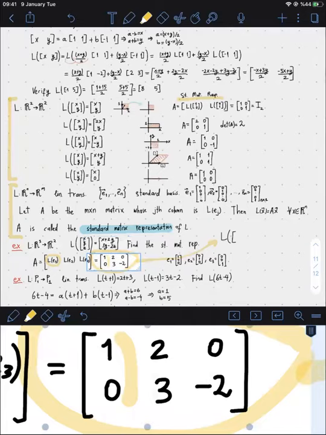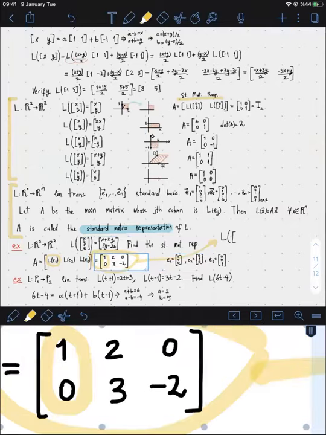You write the first column, then you take the second vector 0, 1, 0, and you get this vector 2, 3. Then you take E3 equals 0, 0, 1, which means x and y are 0 and z is 1, and you get 0 and minus 2. So you get these three vectors.